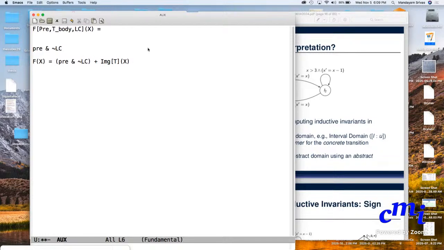I'm lazy; T body, T is the same thing. Now, this is actually wrong. If you want one more step, after that it has a general image, okay? So if you want exactly one more step, you should have not of LC, okay? Yeah, this is what I'm claiming.